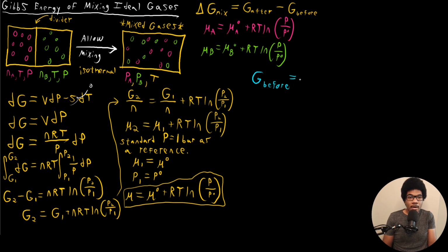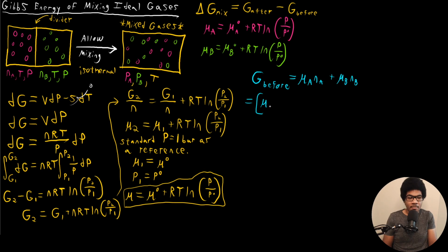We know that we have a general expression for the total chemical potential for a mixture, right? We talked about this in one of the previous videos, where we can write this as mu A Na plus mu B NB. Well, now we have expressions for our chemical potentials, so let's plug those in.